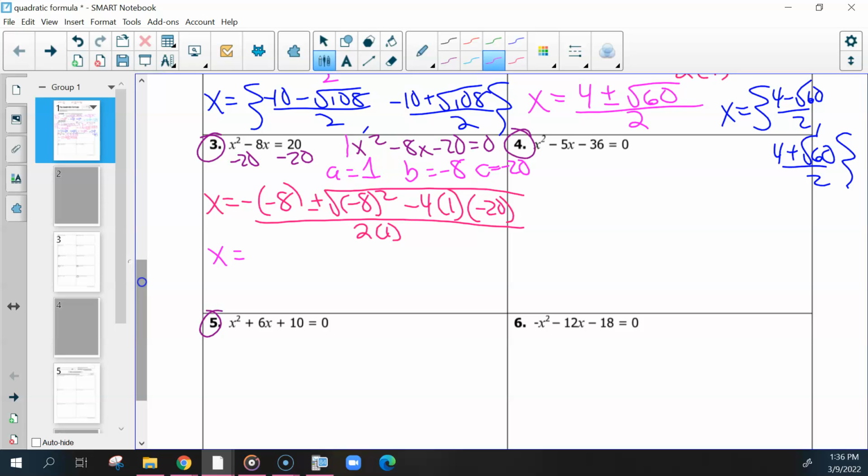Simplify, this would be positive 8 plus or minus the square root of. You can put that on your calculator and figure out what that is.